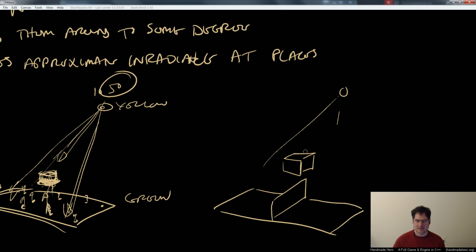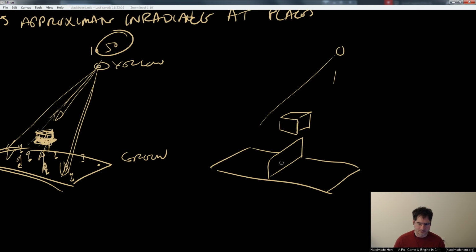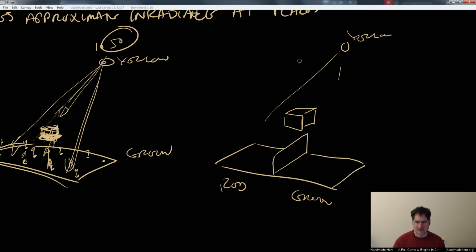So all I've done is I've split my plane in half. Now this side is red, this side is green, and this is yellow. And I really don't need the fin, in fact. I probably overcomplicated it. Let's just say it's just two things, a red and a green.